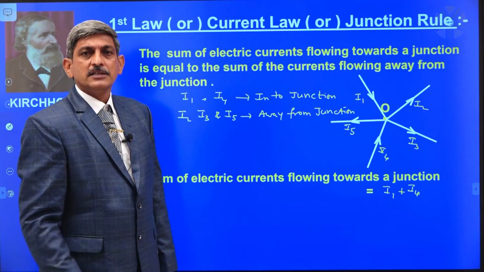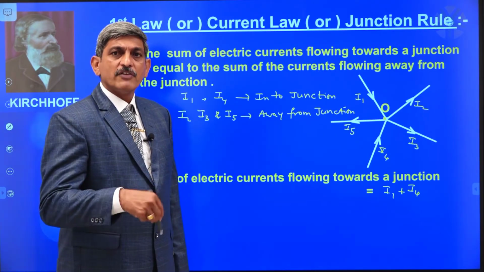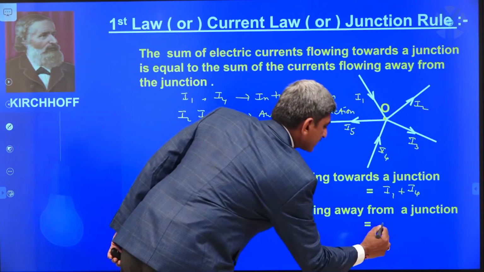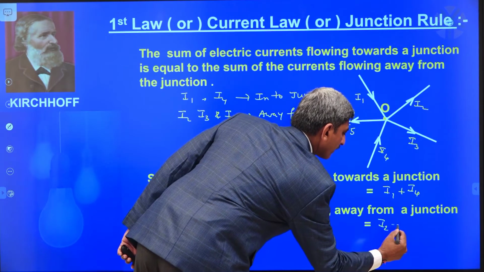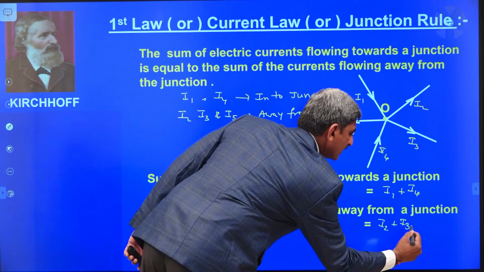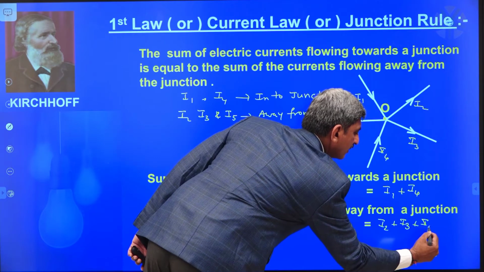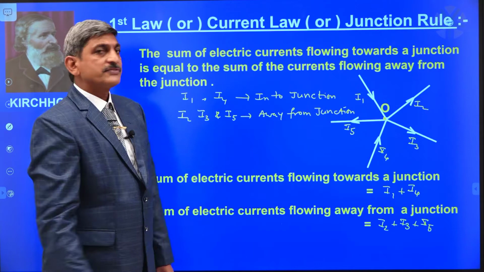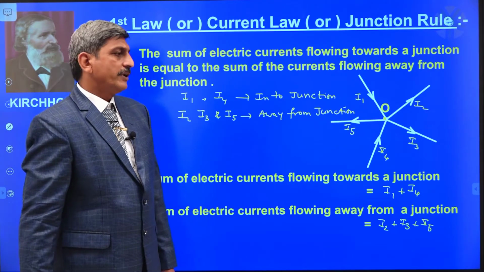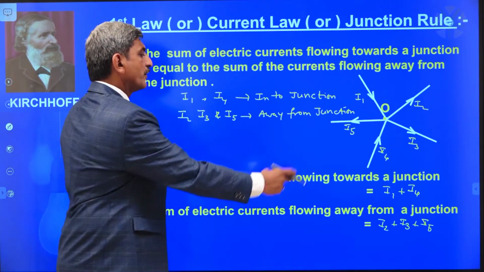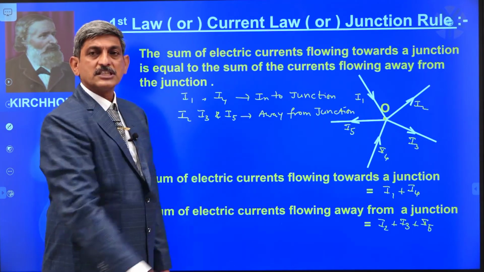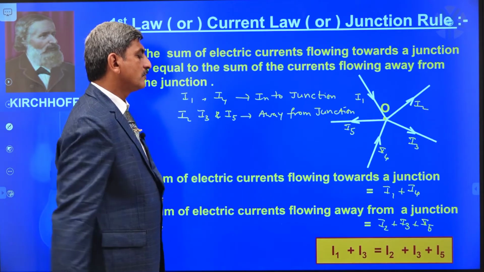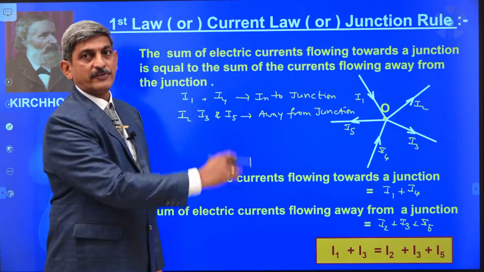Similarly calculate the sum of the currents flowing away from the junction, that is I2 plus I3 plus I5. So from Kirchhoff's first law, we can say that the sum of the currents flowing towards the junction is equal to the sum of the currents flowing away from the junction, that is I1 plus I4 is equal to I2 plus I3 plus I5.